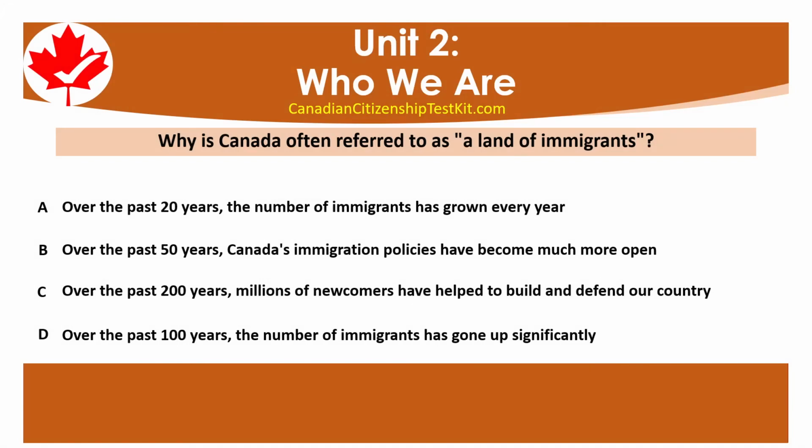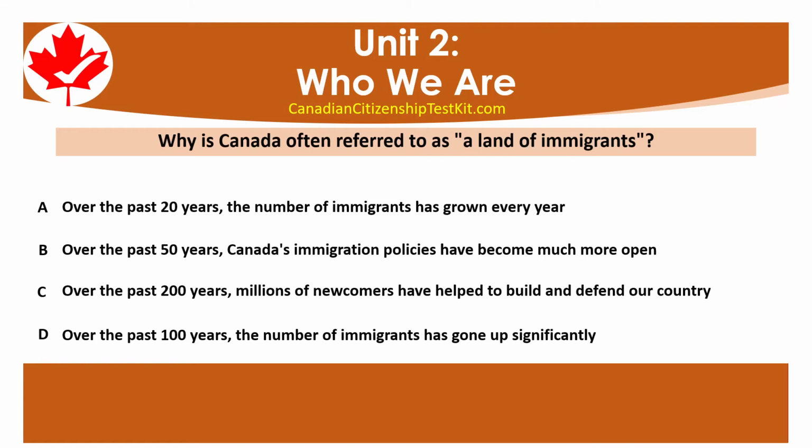Why is Canada often referred to as a land of immigrants? A. Over the past 20 years, the number of immigrants has grown every year. B. Over the past 50 years, Canada's immigration policies have become much more open. C. Over the past 200 years, millions of newcomers have helped to build and defend our country.